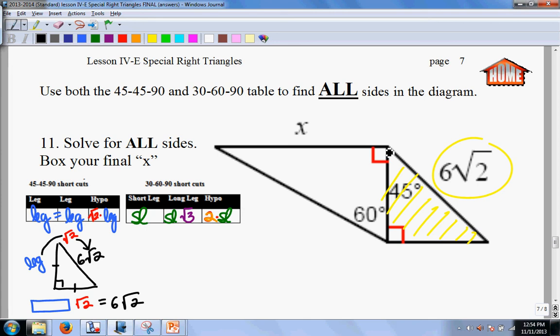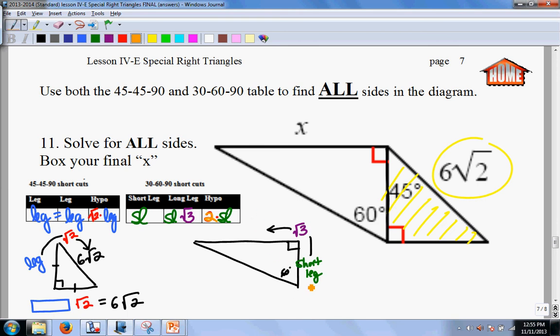Once you find that, you write it down, and then you're going to notice you now have a 30, 60, 90 triangle. So I'm going to bring that one over here. Once you solve for that, you're going to end up with the short leg. And the short leg to the long leg is a timesing by root 3.